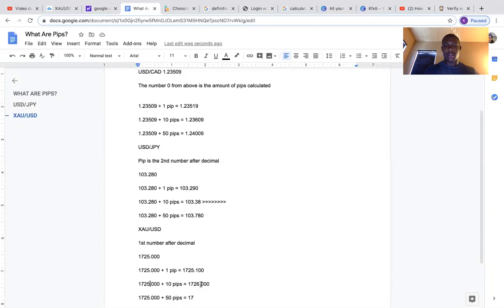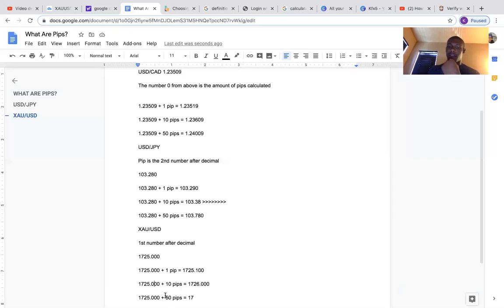Notice how this is 26. It's kind of weird how it works, but this is how it is with gold. Ignore that the decimal is here. Notice how this is 50 and that's 60. That's how it would be if I added 10 pips.